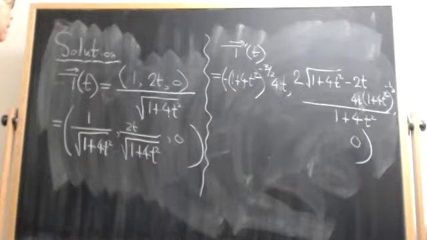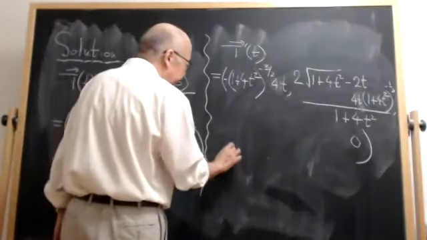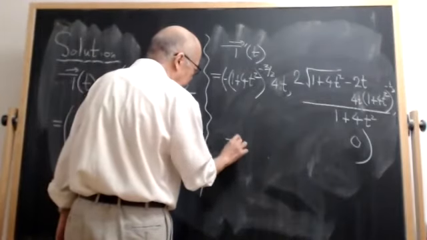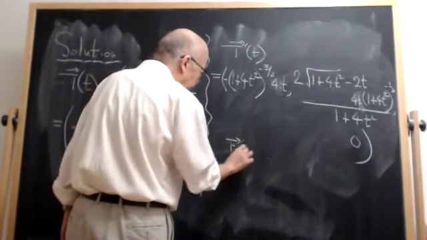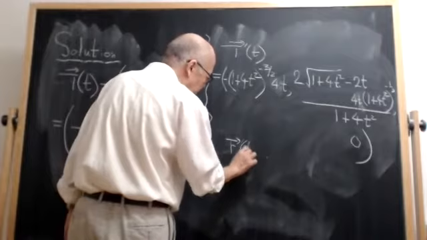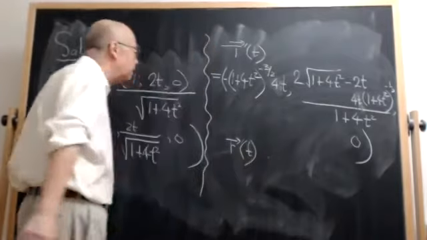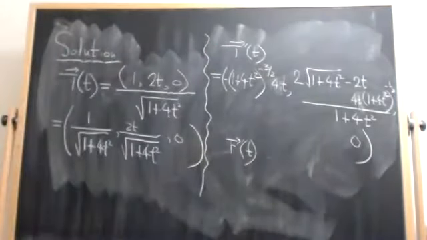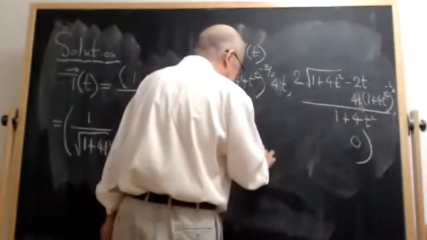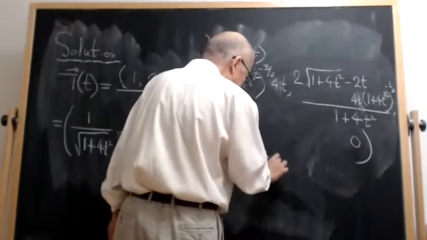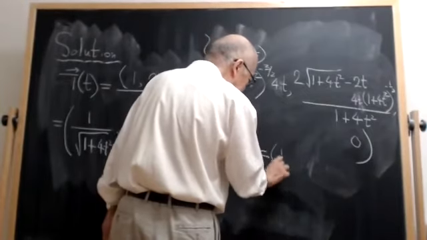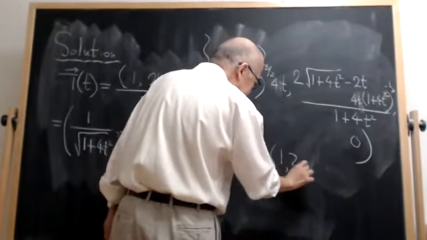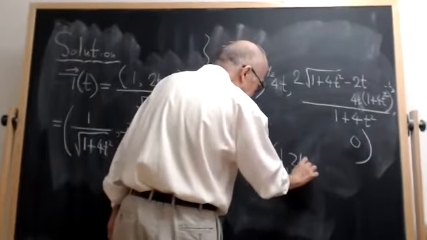We have r prime of t. What's r prime of t? That's easy. I think we did it before. The first one is 1, then 2t, and 0.